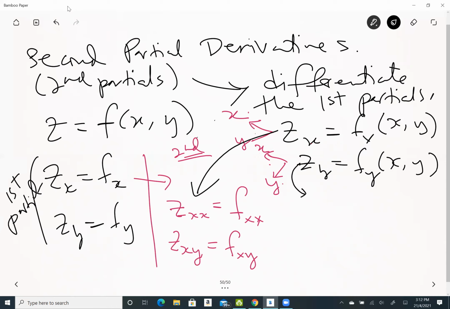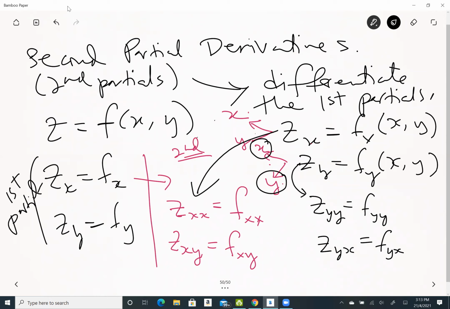Now zy, also same thing. I can take the derivative of zy or fy with respect to y, and you get zyy equal to fyy. And I take the derivative of zy with respect to x, I get zyx equal to fyx.